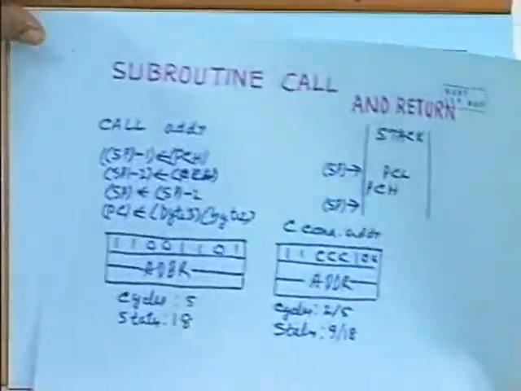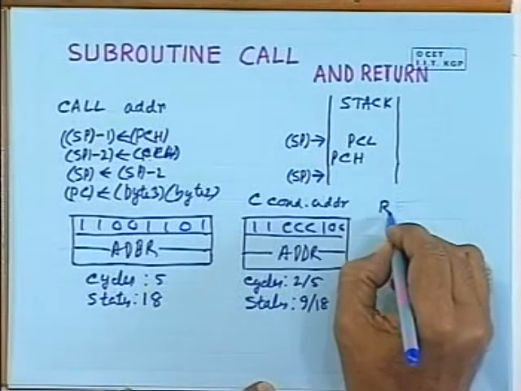To facilitate that, you must have a return instruction. Otherwise the situation will be like Abhimanyu of the Mahabharata. He did not know how to return from the Chakravyuha. So you must know an instruction by which you can return from the subroutine call, and for that purpose there is a return instruction.